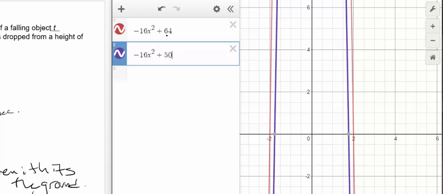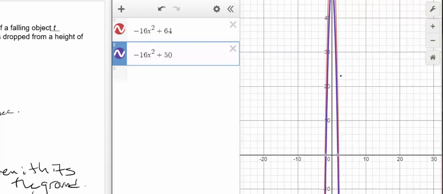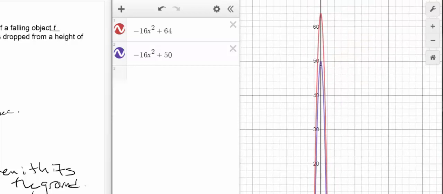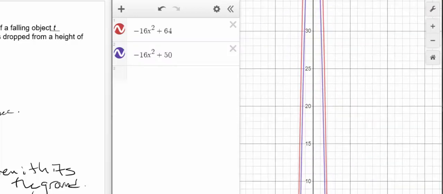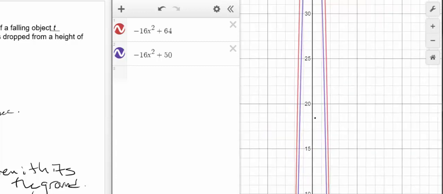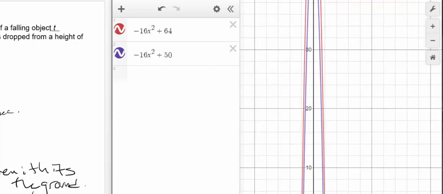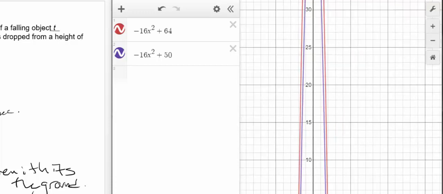So if instead of adding 64 I had 50, or I go down by 14 feet, then what does that do to the zeros? Well, it clearly brings them in. And if you zoom out, you can see that this new function is slid down, so it's always inside, so it'll never be quite as wide as the original function after the same amount of time has gone by.